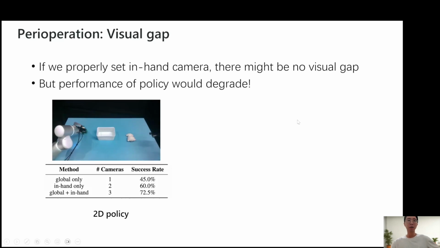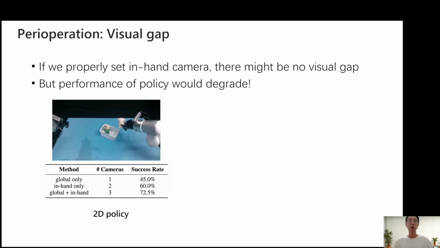And here we give an example. For the task of collecting toys, we try to mount different cameras, including one global camera and two in-hand cameras at the wrist. We found that given the same demonstrations and same number of trajectories, if you just use one global camera and train a policy, the success rate is about 45%.